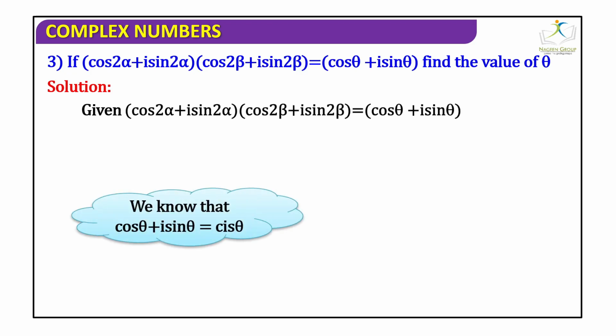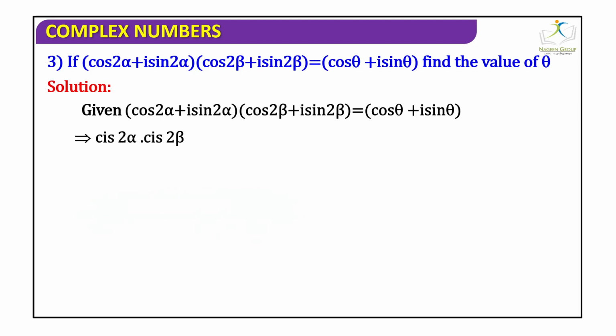Now we know cos theta plus iota sin theta can be written as cis theta, right? So that's why we are writing cos 2 alpha plus iota sin 2 alpha as cis 2 alpha, and cos 2 beta plus iota sin 2 beta as cis 2 beta. Now from here we have cis theta, right?